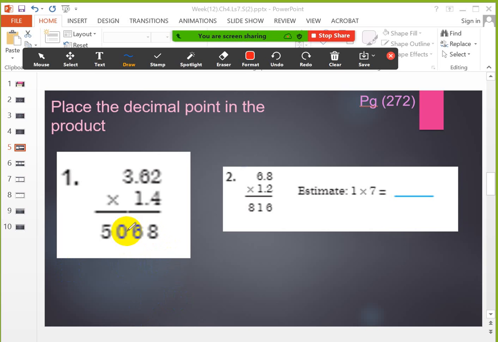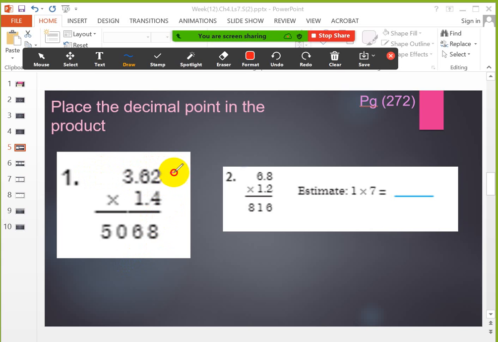Noor, open your mic. Where do I have to put the decimal point in this product? Look, how many digits after the decimal point in 3.62?